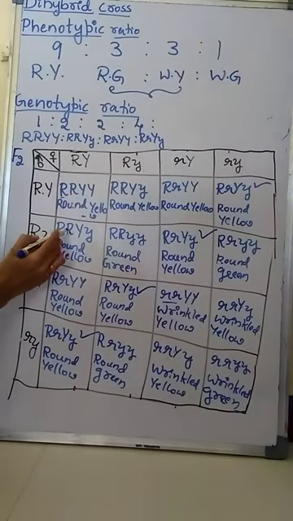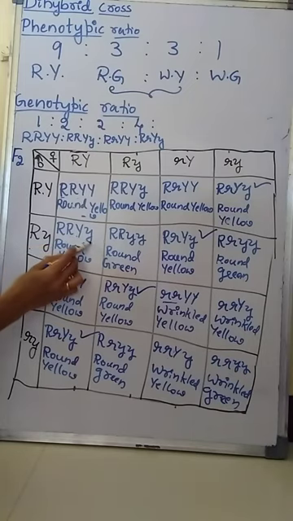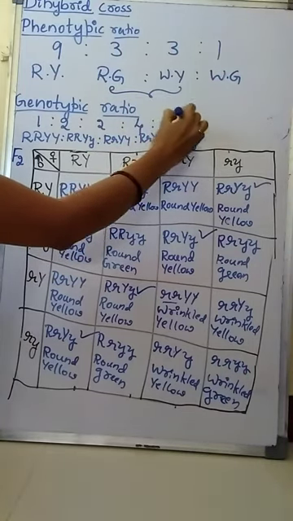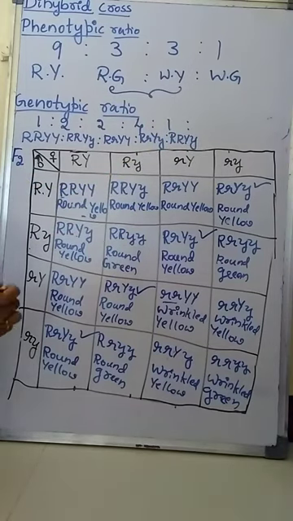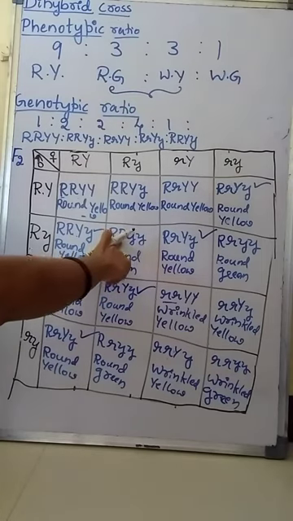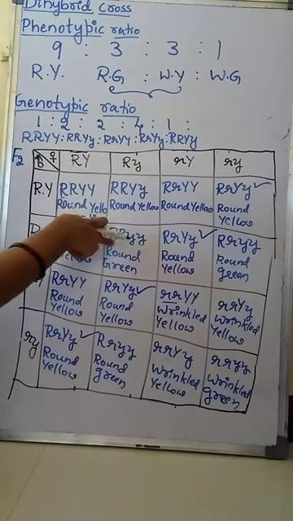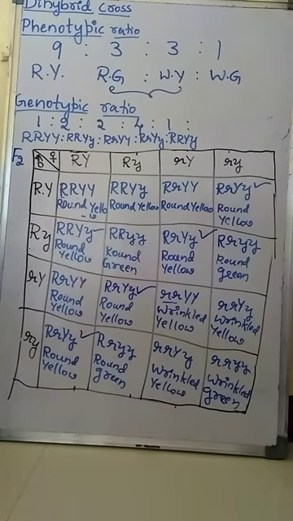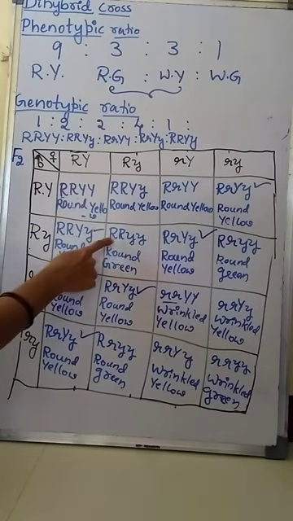Then after this, capital R, capital R, small y, small y: only one is there. Next one is capital R, small r, small y, small y. Here it is 1, only one combination.